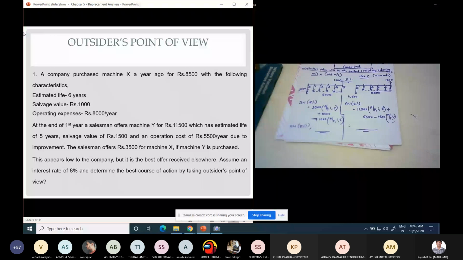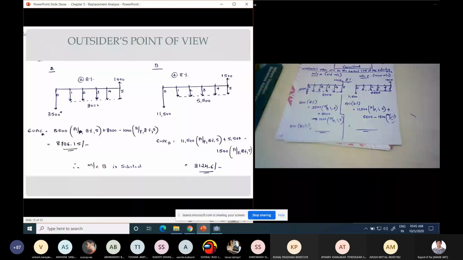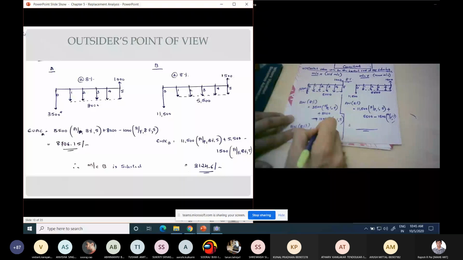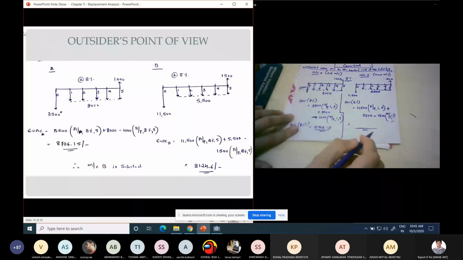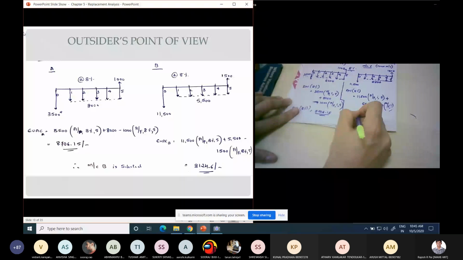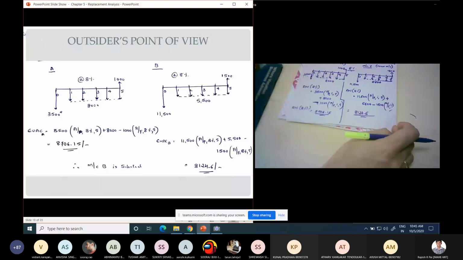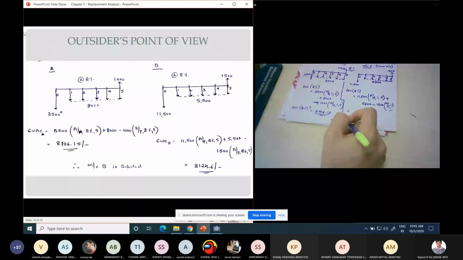I have done it here. So we will be having 8,706.15 here, and here you will be having 8,124.6. Since it is cost dominated, machine Y is the better choice.